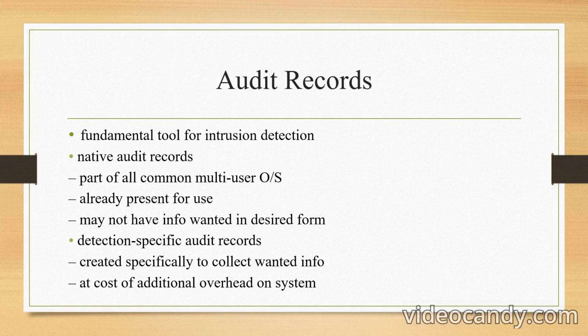Virtually all multi-user operating systems include accounting software that collects information on user activity. Second one is called detection specific audit records. A collection facility can be implemented that generates audit records containing only that information required by the intrusion detection system.